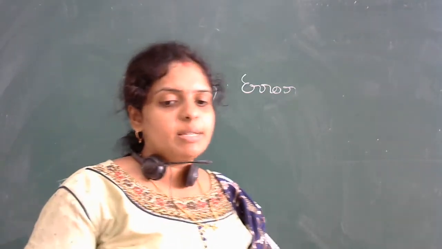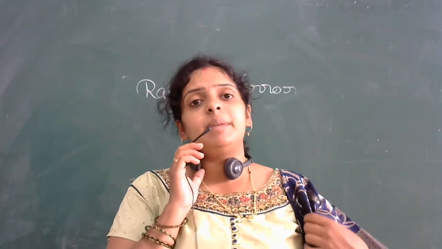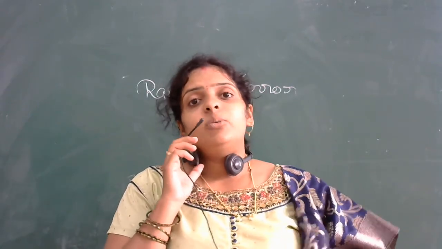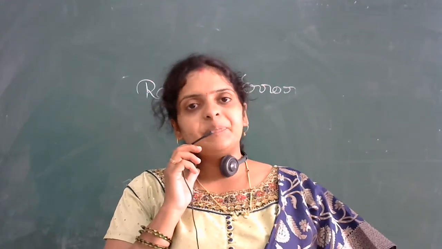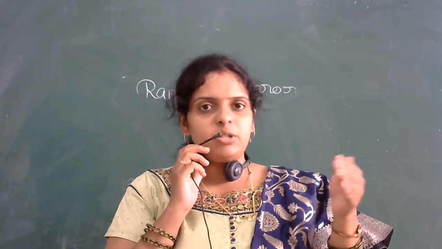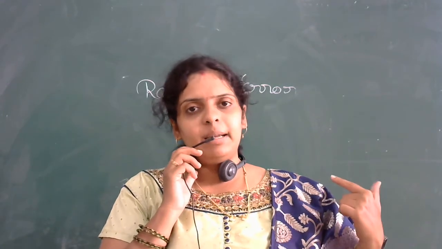So today we have discussed error. Error means uncertainty in the measurement of a physical quantity. In error we have two types, systematic error and random error. Systematic error is the error occurring on one side, either positive or negative. The second type is random error.